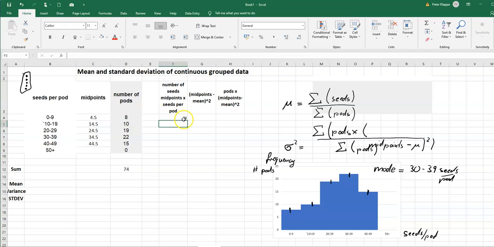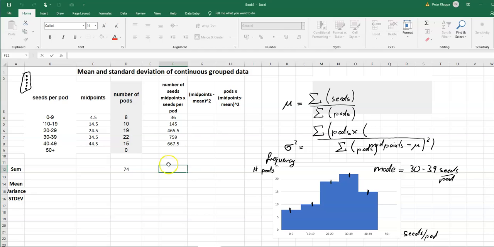So here we would get roughly 36 seeds, and we can add them all up. We don't need to worry about the last one here because we don't have anything in it. Let's make this a little bit more visible. So this is the number of seeds that we have.